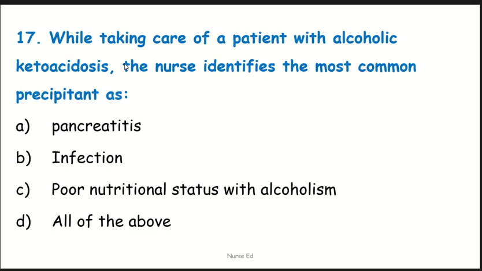While taking care of a patient with alcoholic ketoacidosis, the nurse identifies the most common precipitant as option A, pancreatitis, option B, infection, option C, poor nutritional status with alcoholism, and option D, all of the above. And the right answer for this is all of the above. Remember, in case of alcoholic ketoacidosis, these three are the main reasons for developing ketoacidosis.